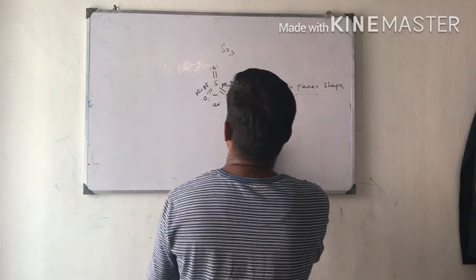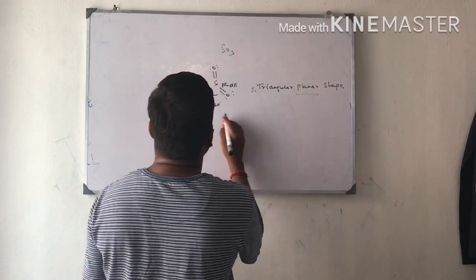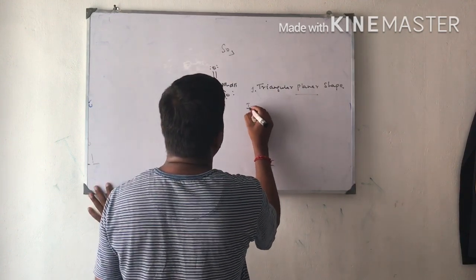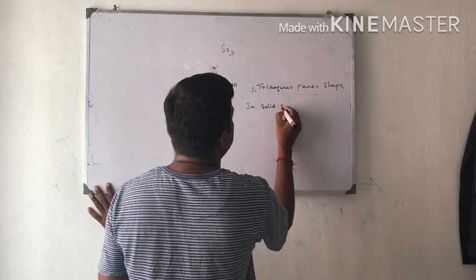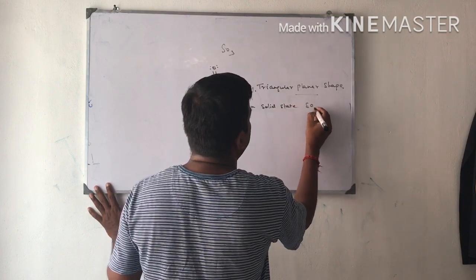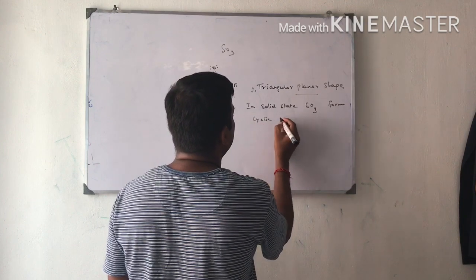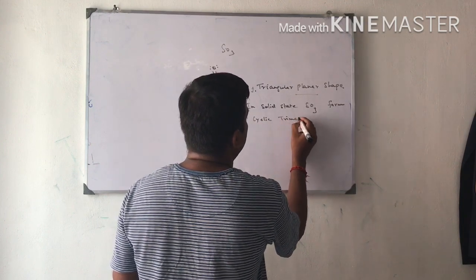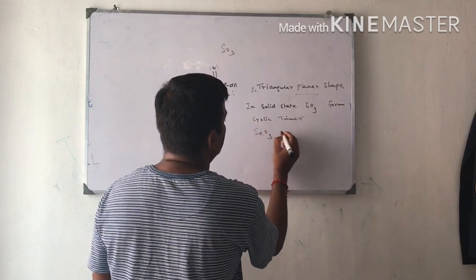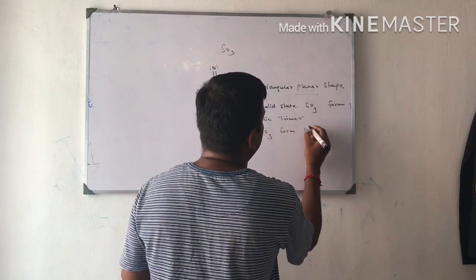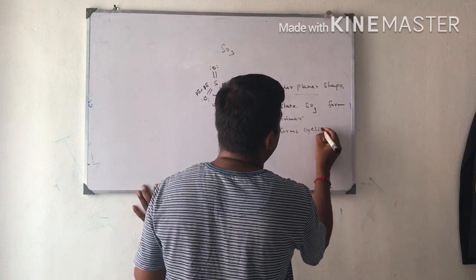Sulfur trioxide is joined in solid state. Sulfur trioxide forms a cyclic trimer, and selenium trioxide forms a cyclic tetramer.